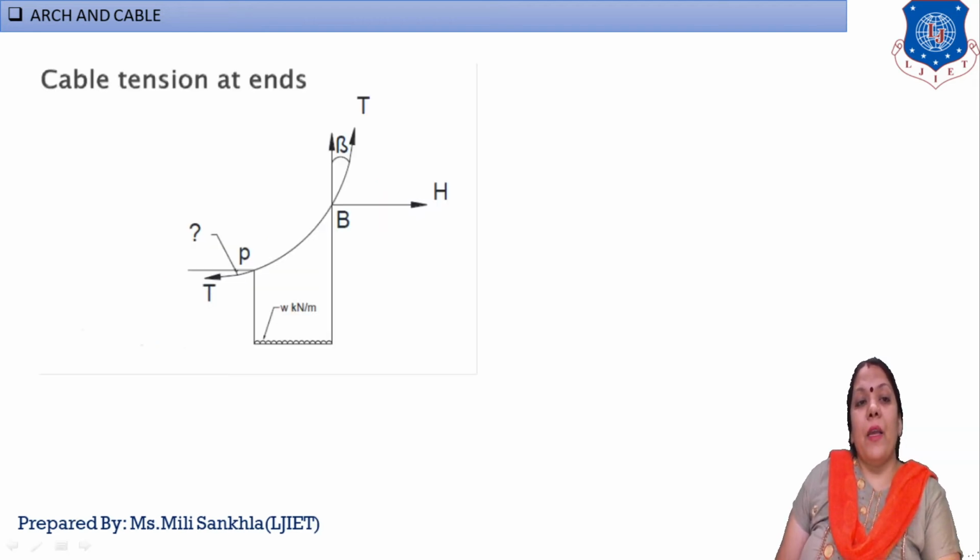Now cable tension at each end, because the cable is subjected to tensile force. Now we find the tensile force T, which has a maximum and a minimum. This tensile force, our resultant force, makes an angle beta with the vertical reaction.